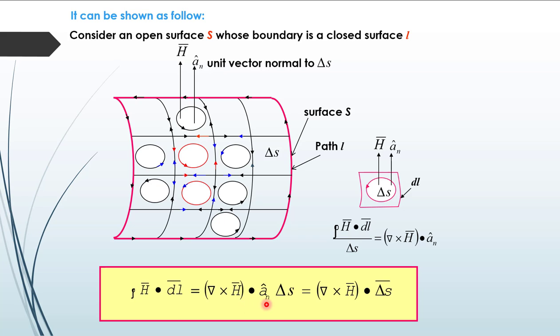where the dot with a_n cap means we take the dot product with the unit vector normal to the surface, which gives the normal component of del cross H, multiplied by the delta S which was in the denominator.